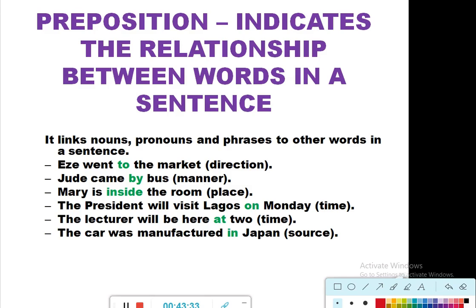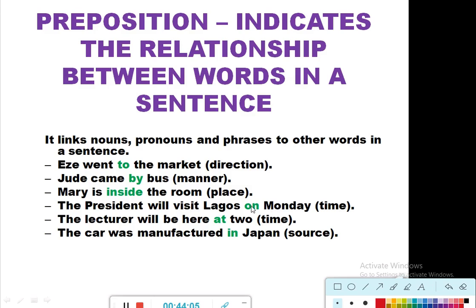Jude came by bus. Mary is inside the room. Now, here we have a relationship between Mary and the room, and what indicates the relationship is the preposition inside. Then the next we have the president will visit Lagos on Monday. On Monday is showing us the time.